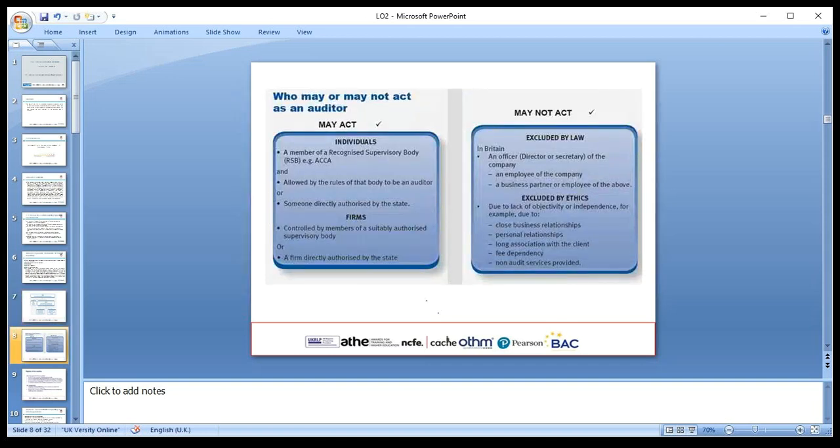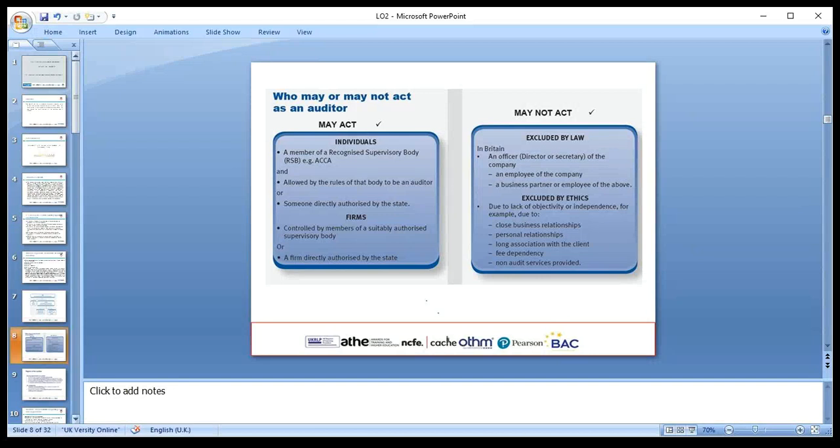Next, who may or may not act as an auditor. An individual may act as an auditor if they are a member of a recognized supervisory body, like ACCA, or any other awarding body which is allowed to do audit.